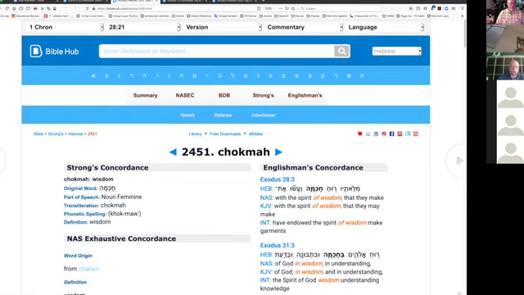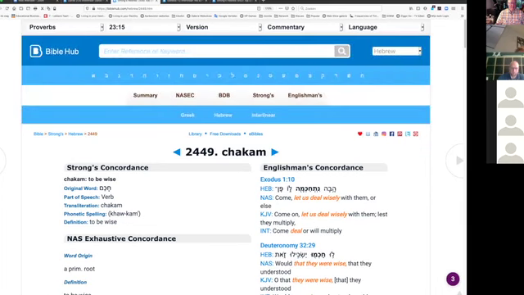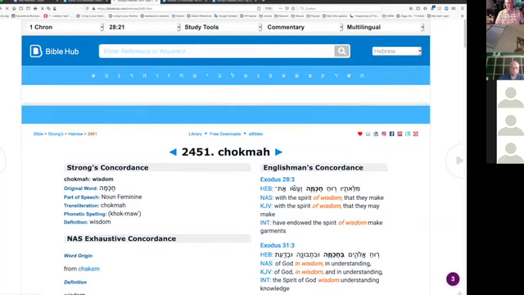Wisdom, where its word origin comes from chakam. What does chakam mean? See, it's a verb, to be wise. And what does it say? Word origin, a primary root. That means chakam, to be wise, is the origin, and from chakam comes wisdom. So wisdom implies to be wise.